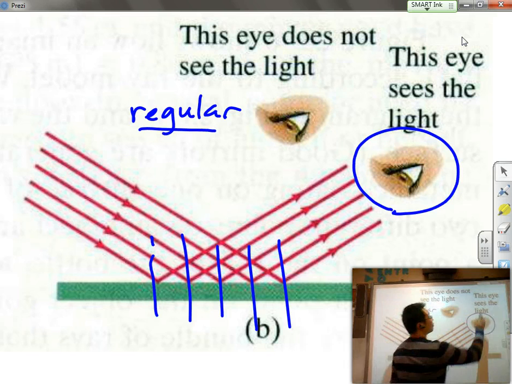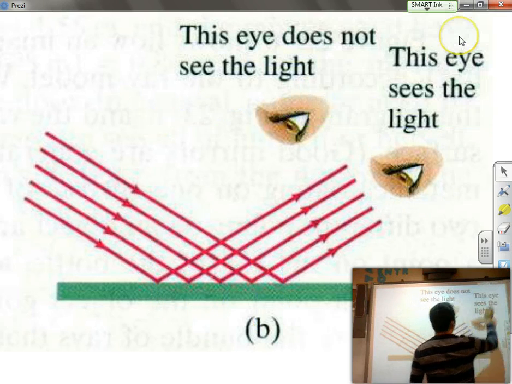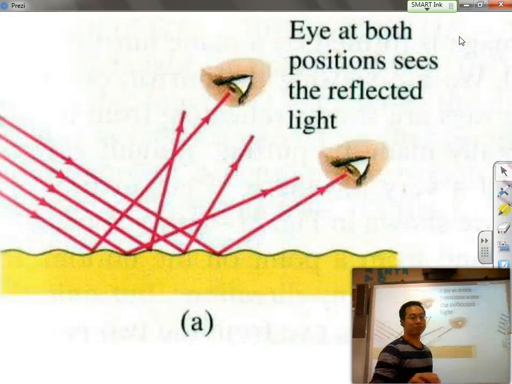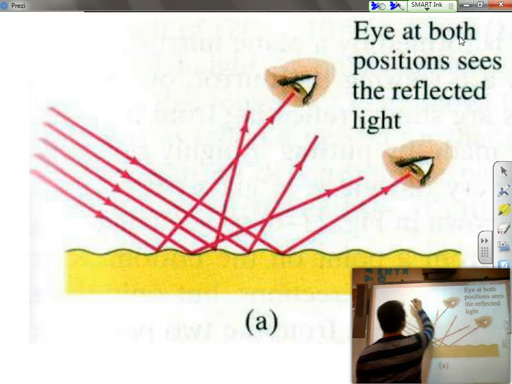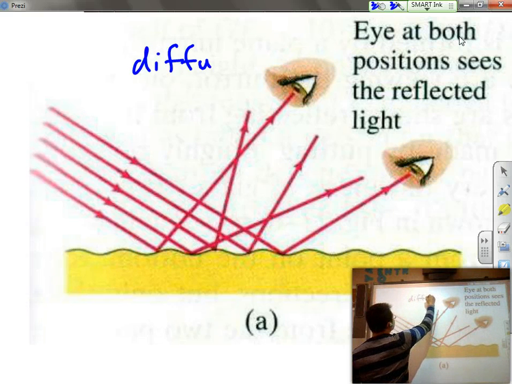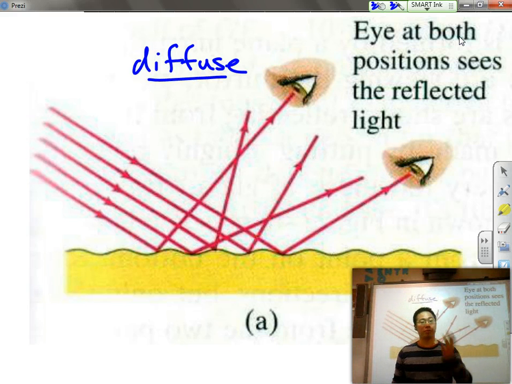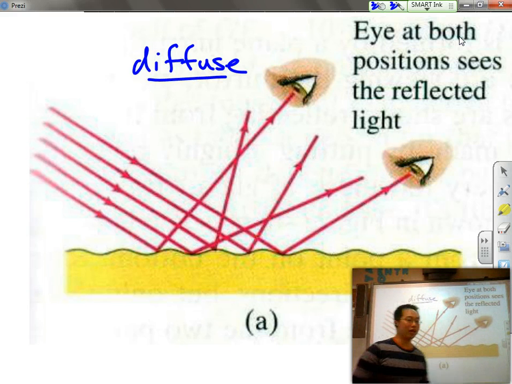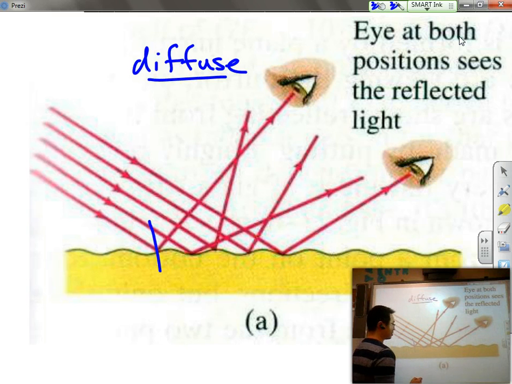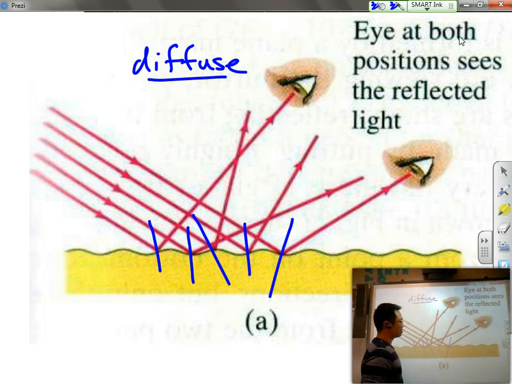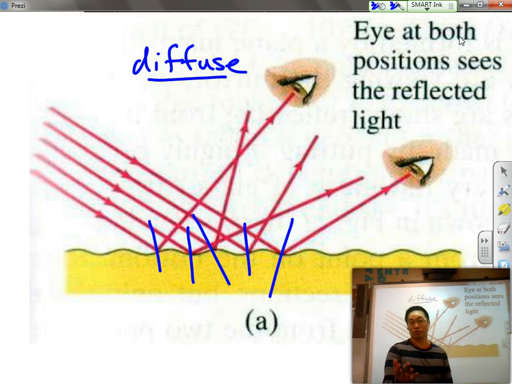This is different than diffuse reflection. When we talk about diffuse reflection, the surface is bumpy, and because it's bumpy, the normal line is different at each location. It might look like this over here, and it's going to be completely different depending on what the surface is.